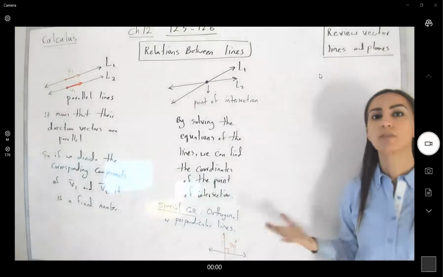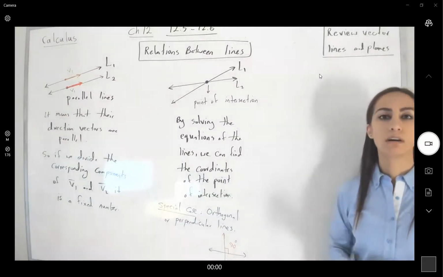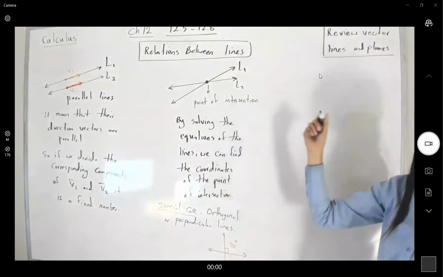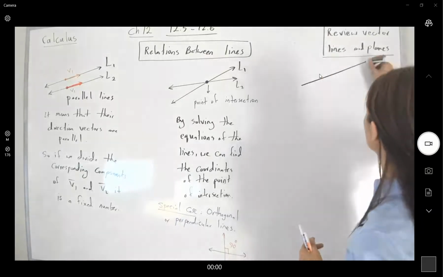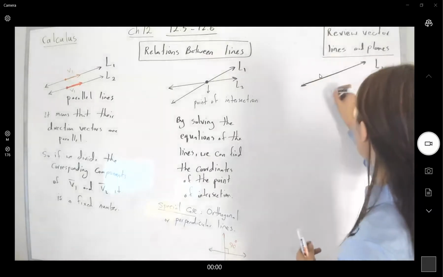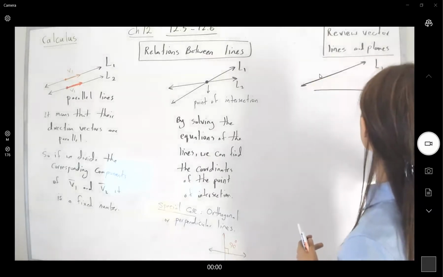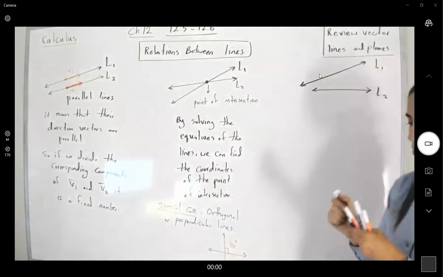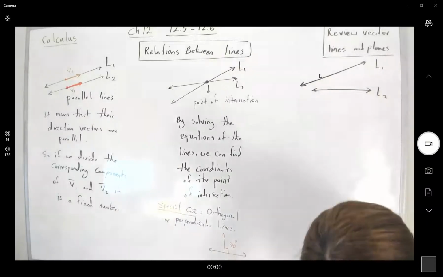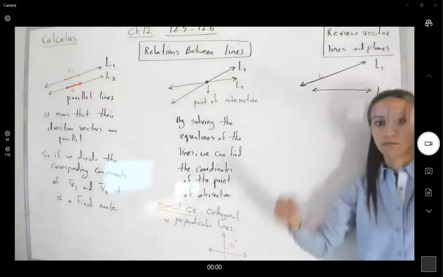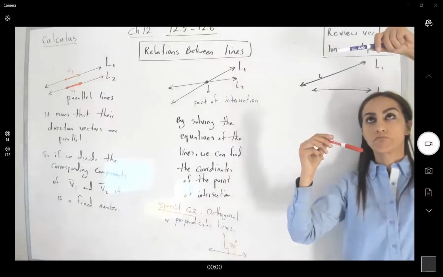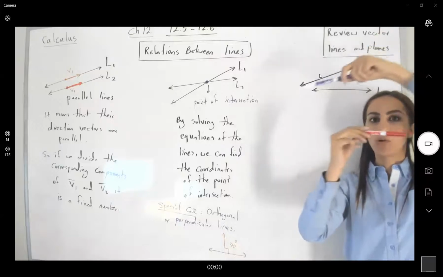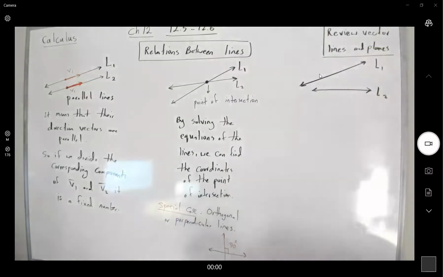The last case between two lines is that we have skew lines. Okay, skew lines. It means that they are not parallel to each other, and they are not intersecting. L1 is here, for example, and L2 is just right here. They have no intersection, nothing at all. You have two lines, they are not parallel to each other, and they go in their own directions, no intersection at all. So in this case, you have skew lines.